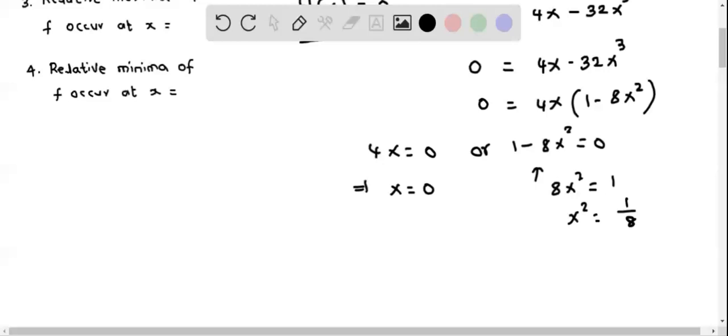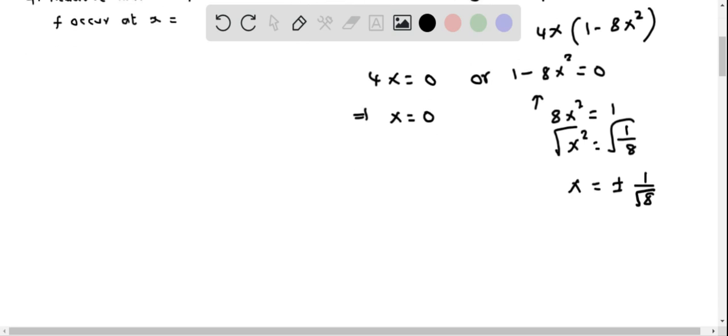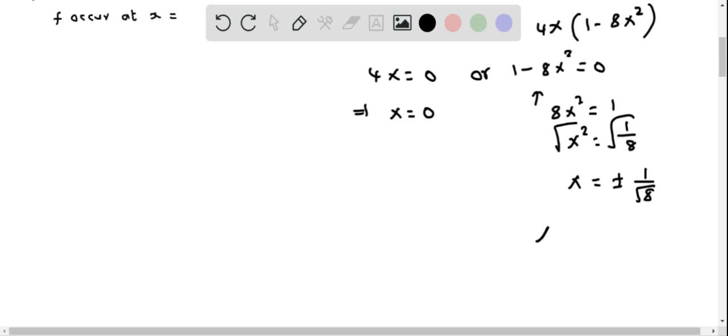We get the value of x by taking the square root on both sides. So x equals plus or minus the root of 1 over 8, that is 1 over root 8, because root 1 is 1. So we get two values, x equals 1 over root 8 and negative 1 over root 8.